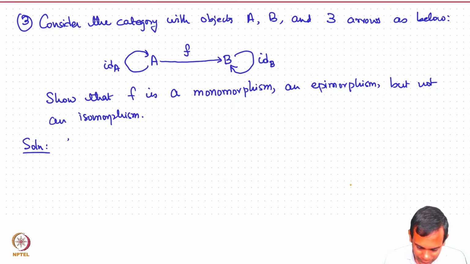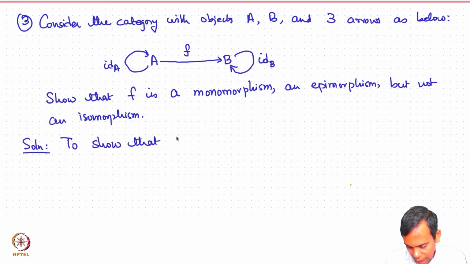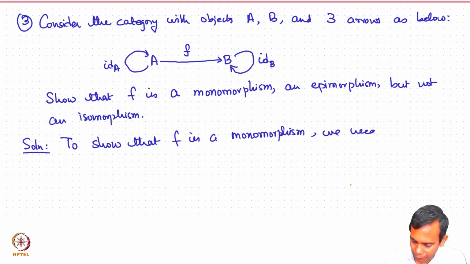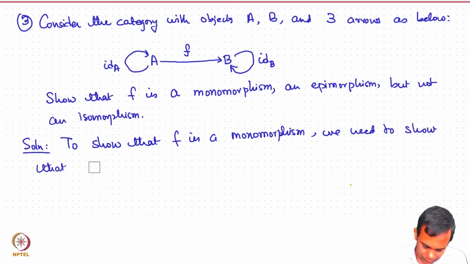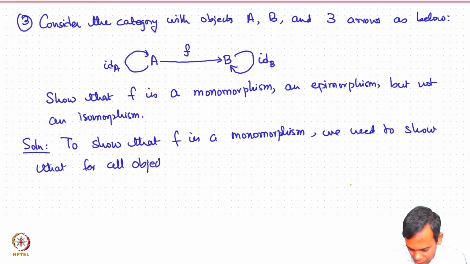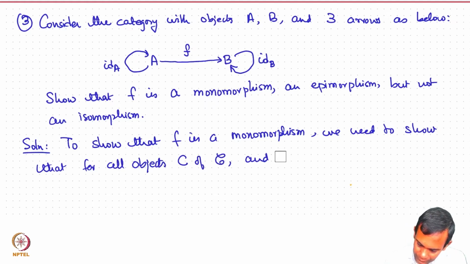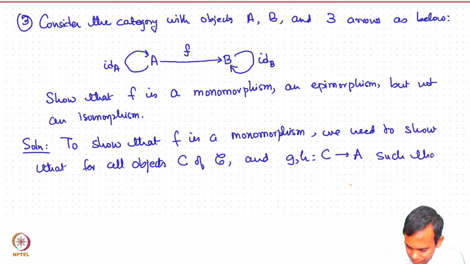To show that F is a monomorphism, we need to show that for all objects C of the category C and arrows, let's say G and H from C to A, such that F circle G equals F circle H, we have G is equal to H.